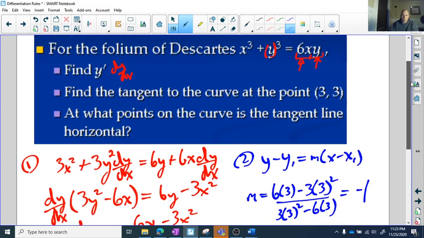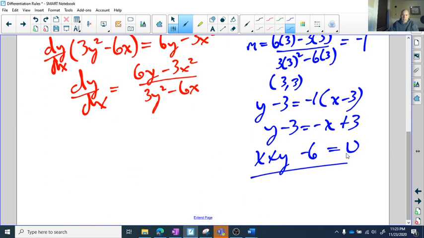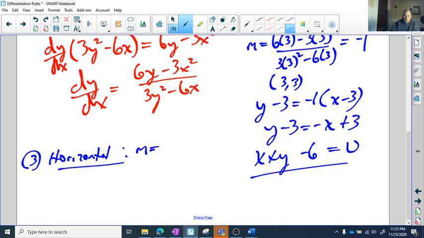Now the last part says at what points on the curve is the tangent line horizontal? Now this is a little bit more confusing. So a horizontal line, you need to know that means that the slope is 0. Horizontal lines have slope 0. Well, that's telling you that dy/dx, which is slope, is equal to 0.